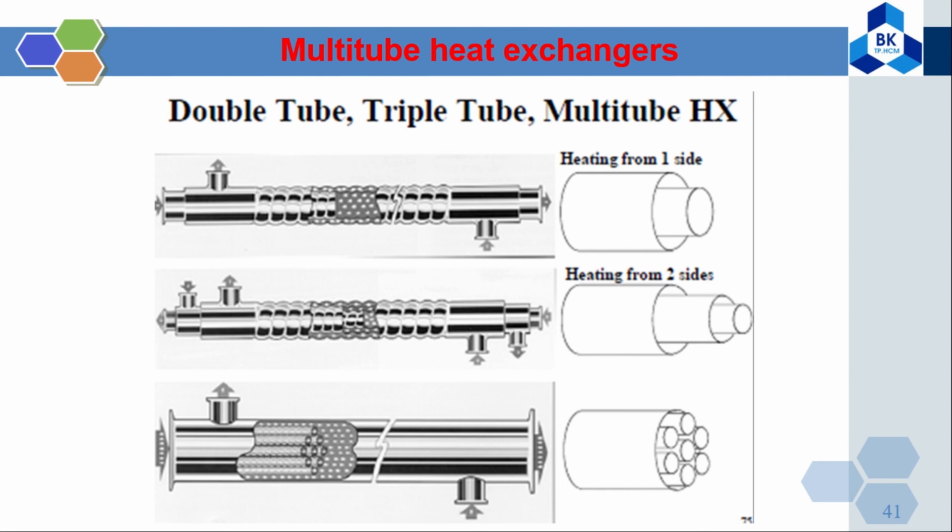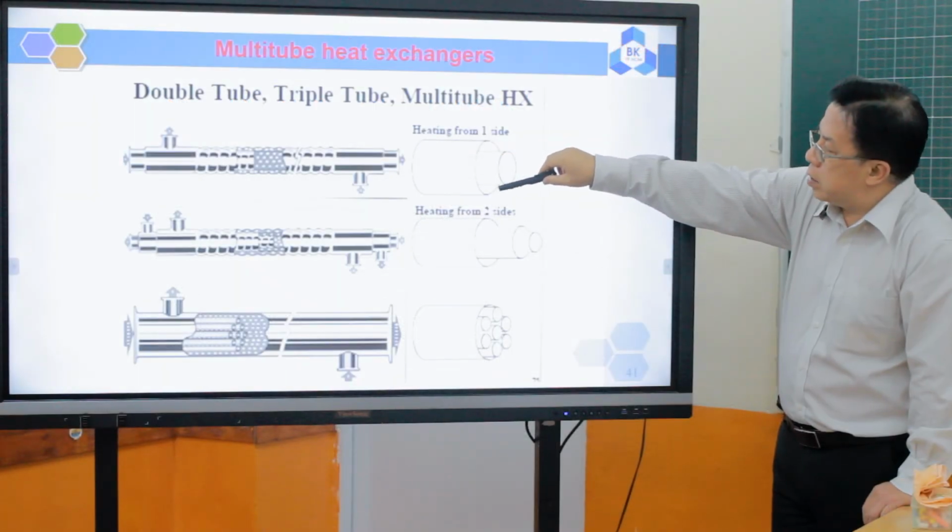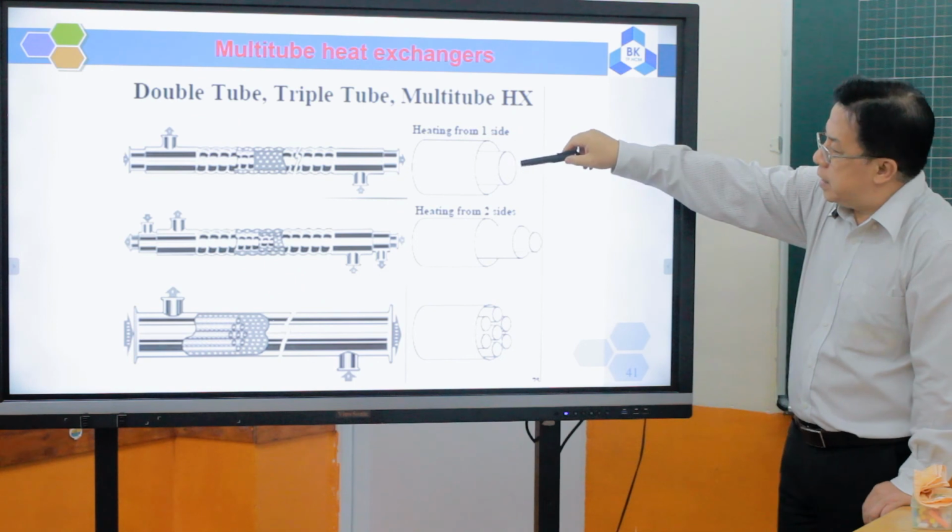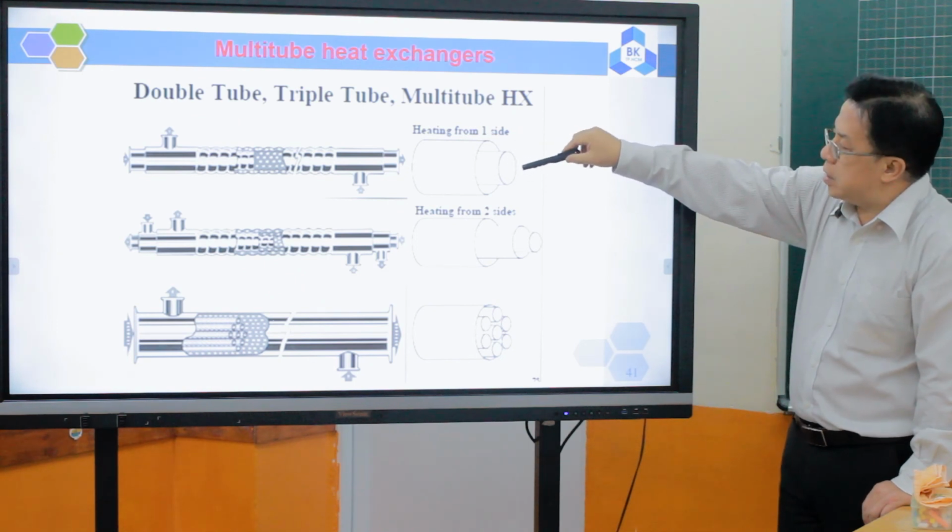For the double tube or double pipe, you see that the heating is only from one side. For example, the cold fluid goes in the inside tube, and the hot fluid goes outside. So you can see that it's only heated up from one side.